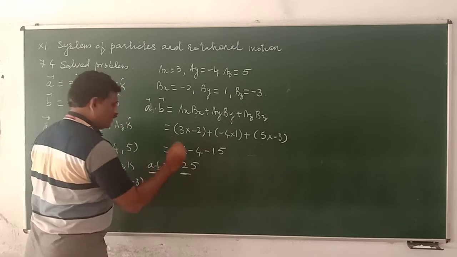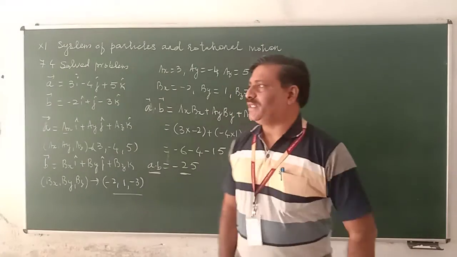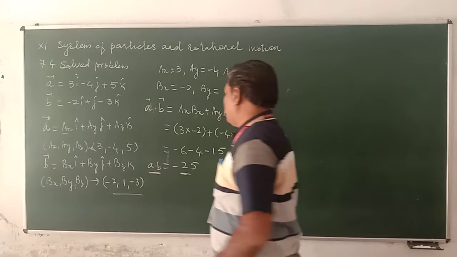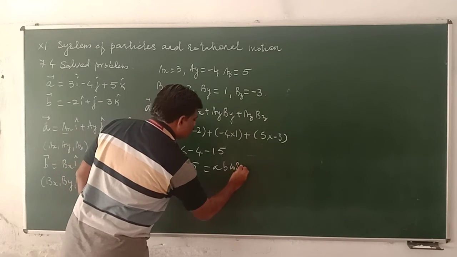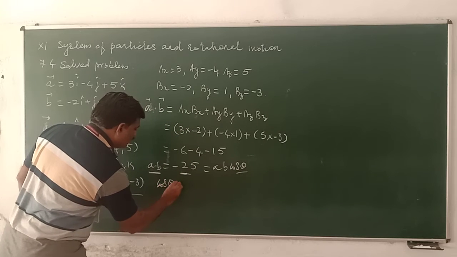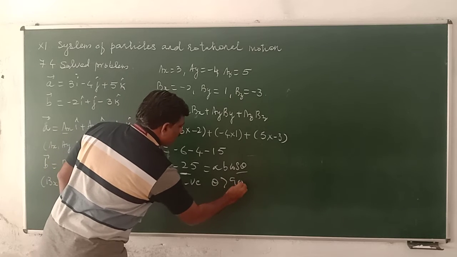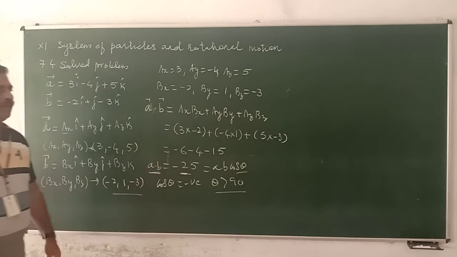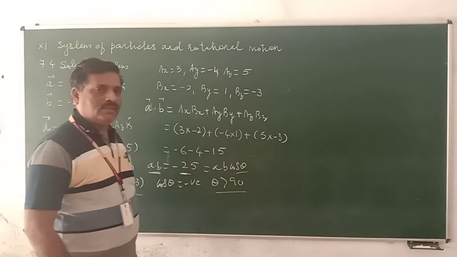If A dot B is negative, it means the angle is obtuse, greater than 90. By definition, this is equal to AB cos theta. If this is negative, it means cos theta is negative, theta greater than 90. So this is the scalar product of these two vectors.